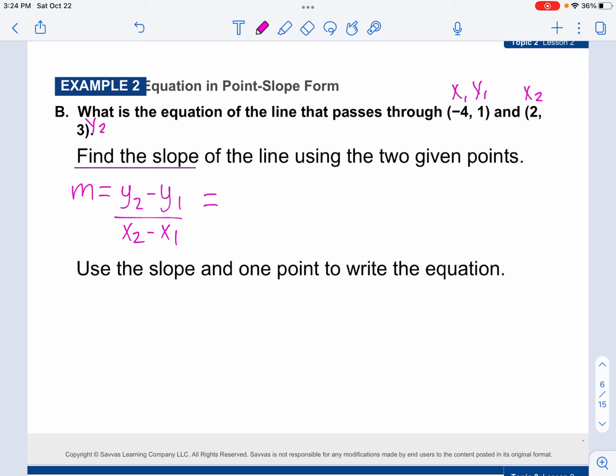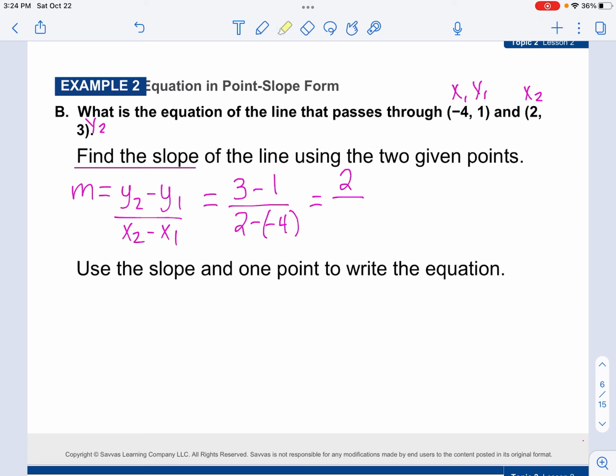So here, y2 first, which is 3, minus our y1, which is 1, over x2, which is 2, minus x1, which is -4. In our numerator, 3 minus 1 is going to give us 2.